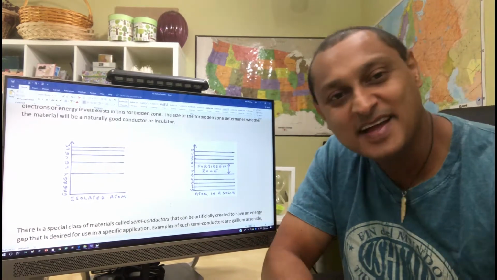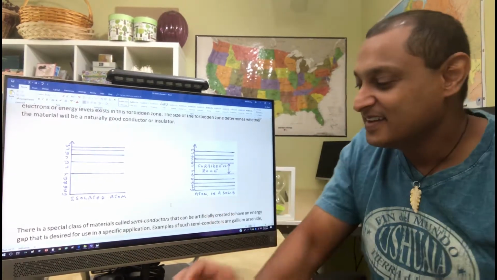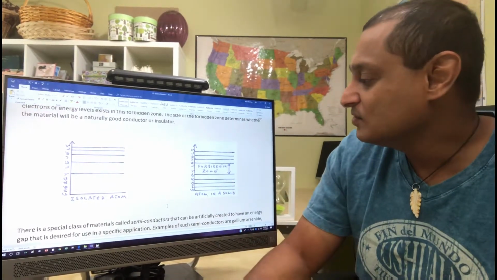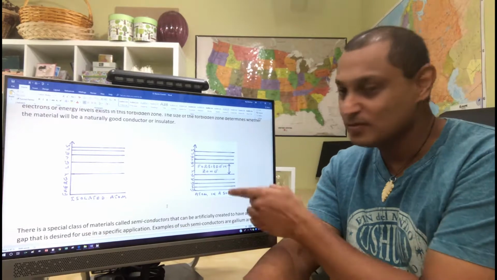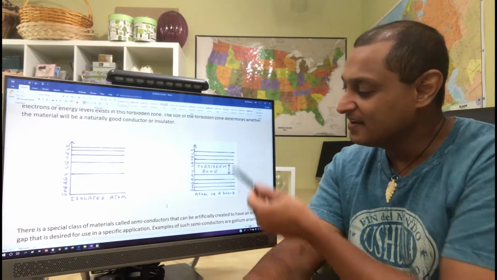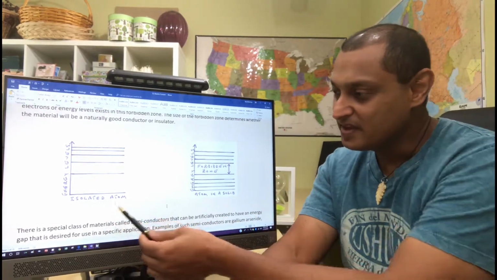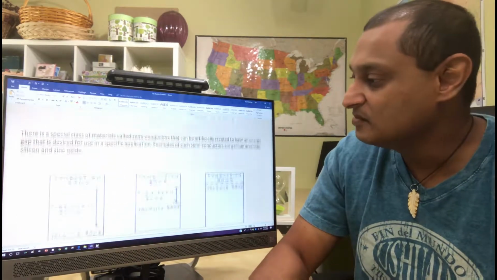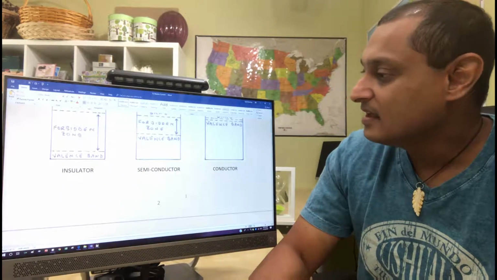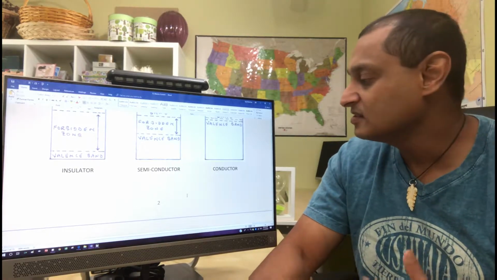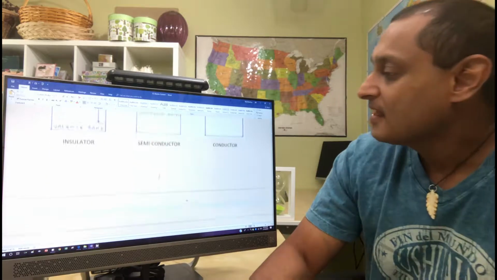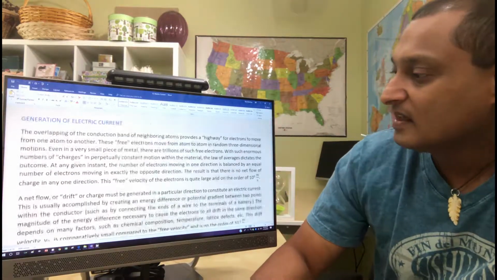Really interesting things happen with these energy levels, and that's shown over here. The energy levels begin to take on a more uniform structure right here in a solid, as opposed to if the atom were by itself, where the energy levels are substantially more segregated. Insulators, semiconductors, and conductors are all dealt with in terms of these energy bands and how they are structured.